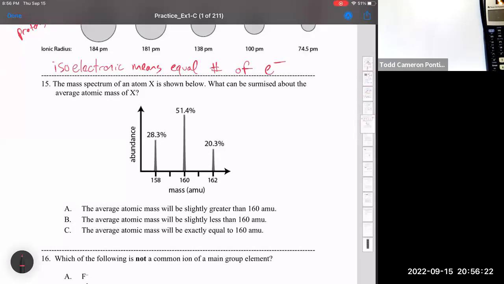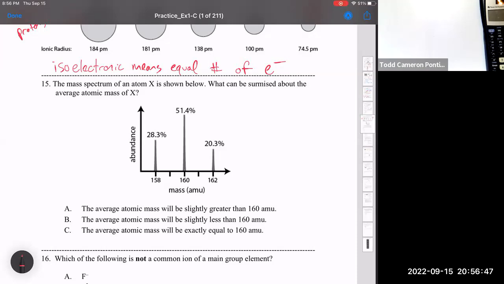So the most represented isotope is 160, but which way is the atomic weight going to be more skewed toward? The one that comes in second place or the one that comes in third place? It's going to be more skewed toward the one we have more of. So while it is close to 160, it's going to be just south of that value.